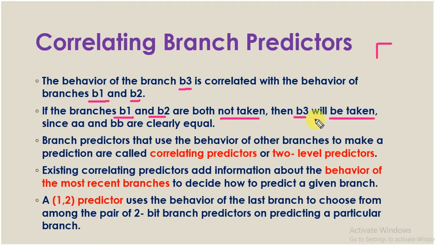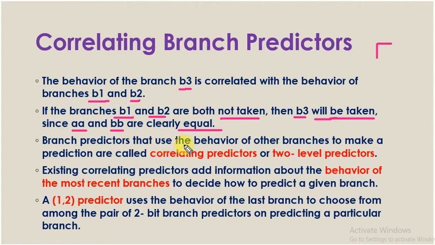So we are predicting B3 will be taken, as per our previous example. If it is the opposite, if B1 and B2 are taken, B3 will not be taken, since it is very clear that A and B are equal. So the behavior of B3 depends on the behavior of B1 and B2. That is the only thing that was explained in the previous example.